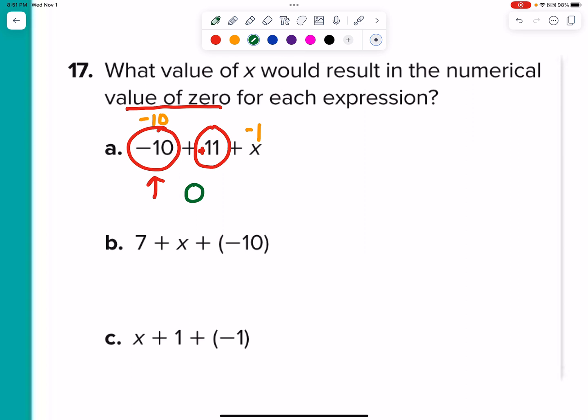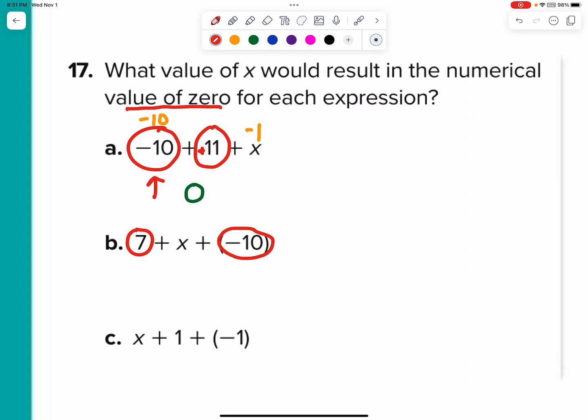Okay, and that's how you can represent it if you want. So let's look at the next ones. Okay, we have a 7 and a negative 10. Well, if I wanted to have a 0 pair, right now I have a negative 10.